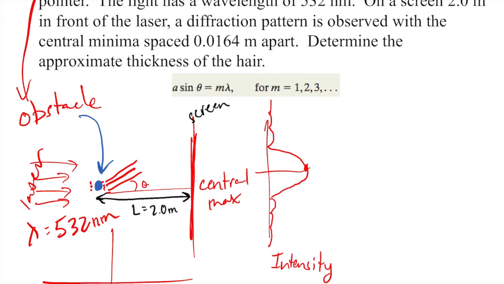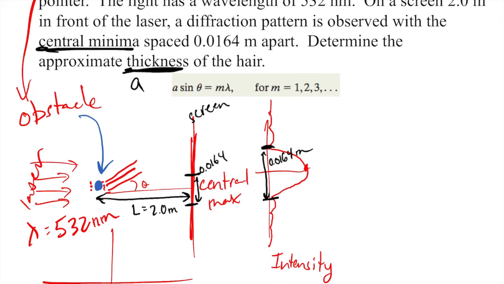The diffraction pattern is observed with the central minima 0.0164 meters apart. Determine the approximate thickness of the hair. That thickness is a, so find a.